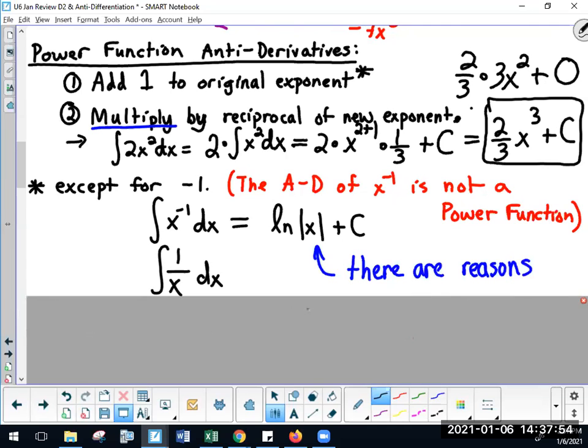Now you're wondering right now where the absolute value comes in, and there are reasons why we do the absolute value. Reasons I will not be getting into today, reasons I actually won't be getting into for a little while. If you really must know, please ask me outside of class. I'd be happy to explain them to you.